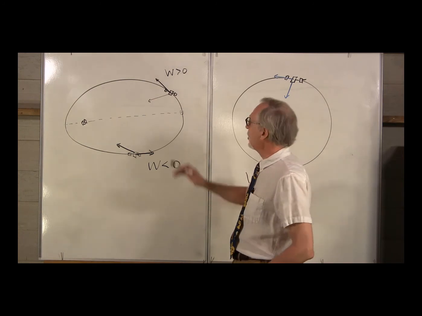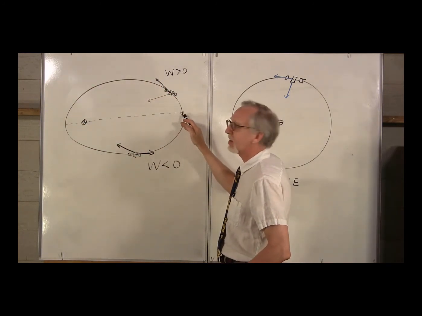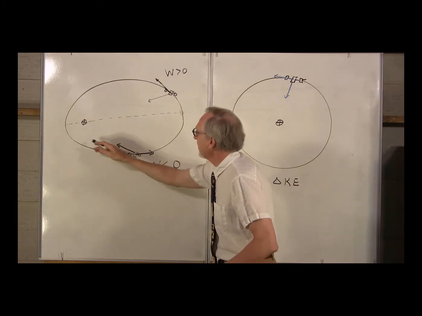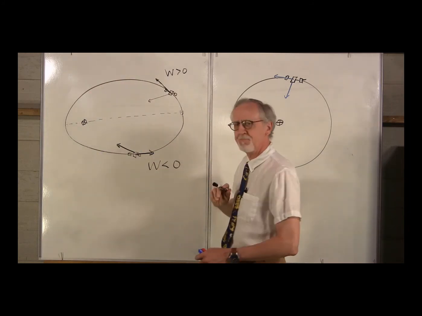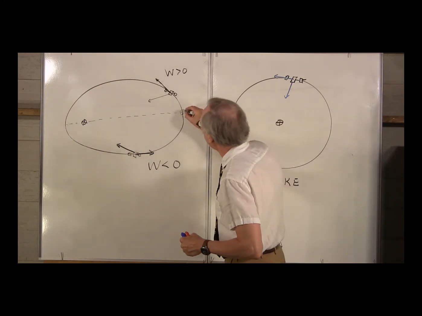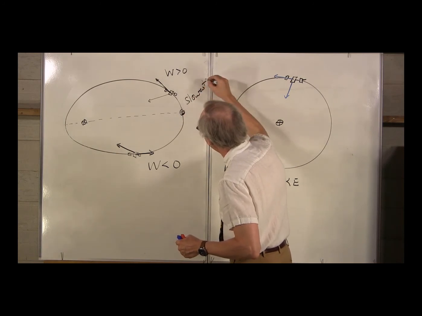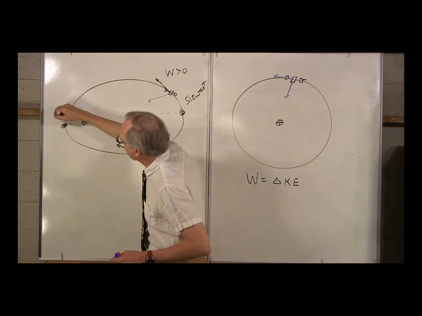So in this motion, we have the object speeding up and then slowing down. It's a little hard for me to do this, but I think you get the idea. Speeding up, slowing down. So the point over here is where the satellite is going the slowest, and the point over here is where the satellite is going the fastest.